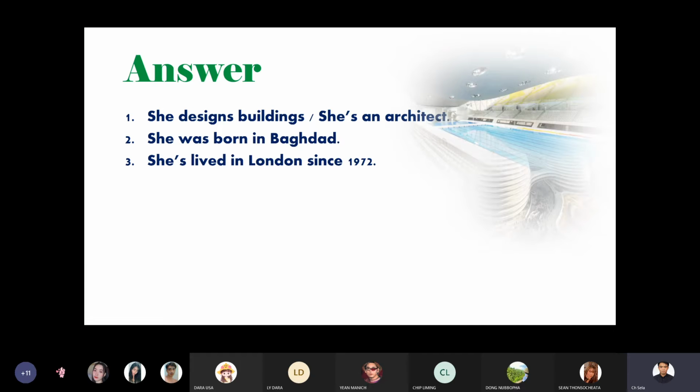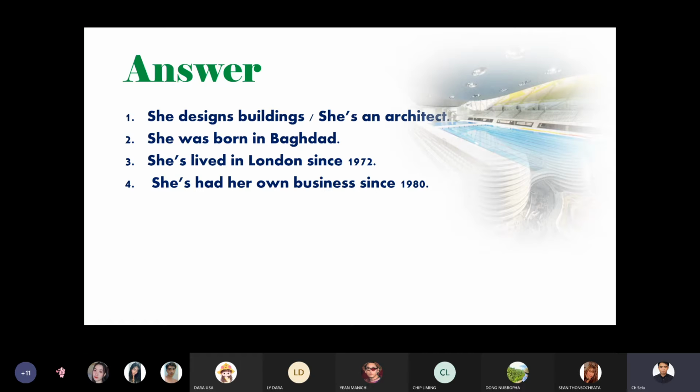Number four. How long has she had her own business? 1980. Okay, she has had her own business since 1980, not in. And number five.